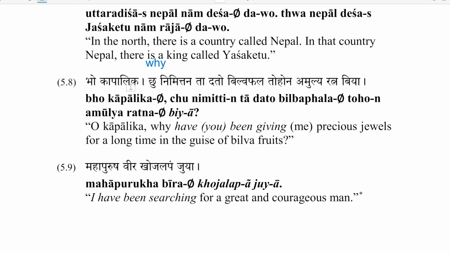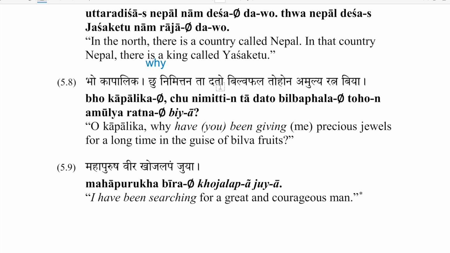Chana is more like "why," and Chu also has a sense of "what." Here it goes together with nimidana. Nimida is reason, and na is the ergative ending. So, for what reason? Put together, it's like "why." Chu is used more often as "what." So chunimidana means for what reason.